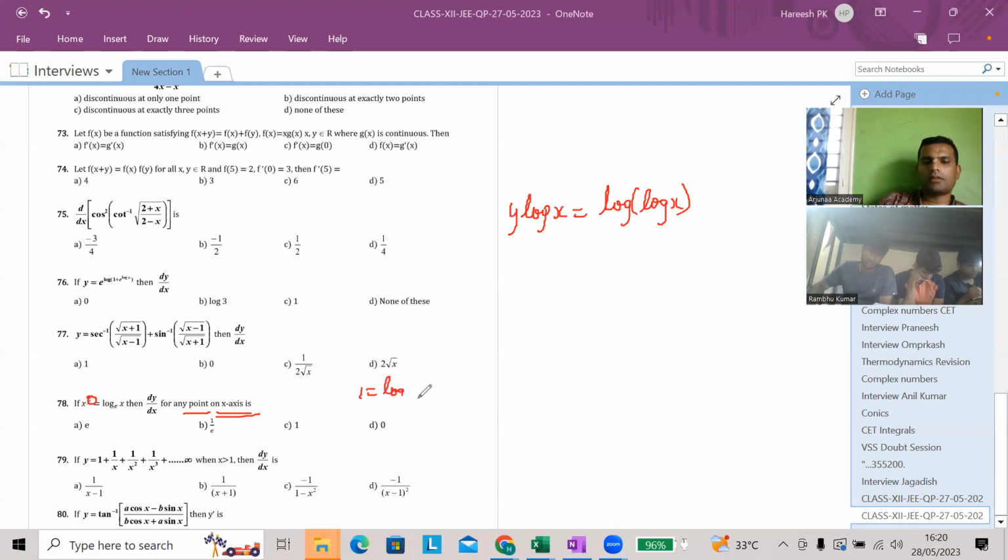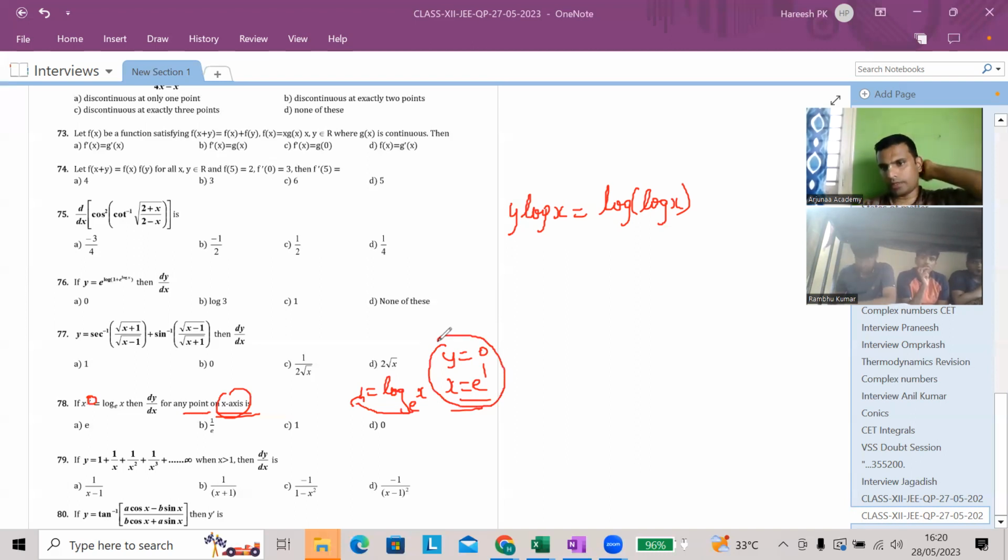So how much is x? Taking it to this side, x is e power 1. So you should know that on the x-axis y coordinate is 0, and when y is 0 for this graph, x should be e.